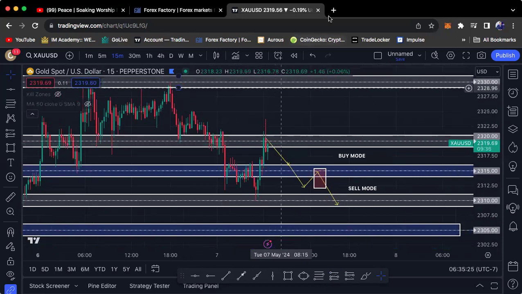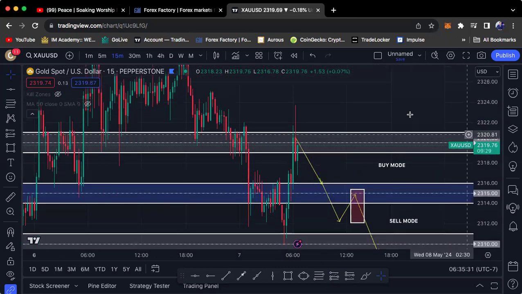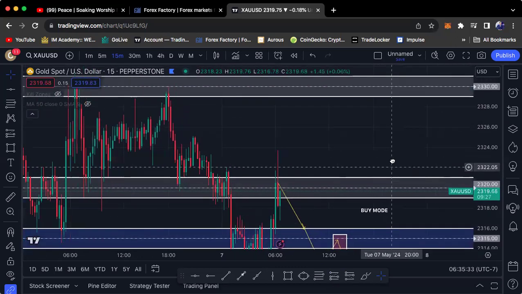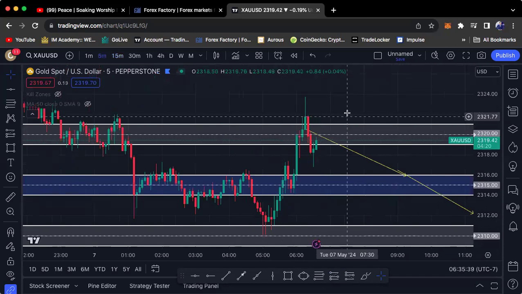Okay, so now that I have my zones marked up, look at the 5-minute.